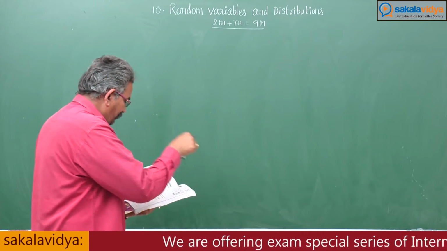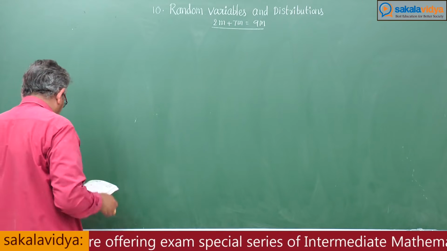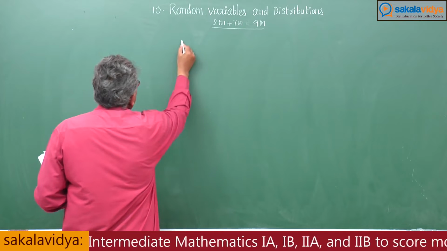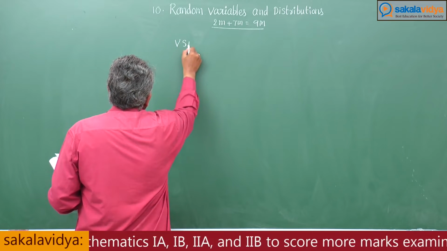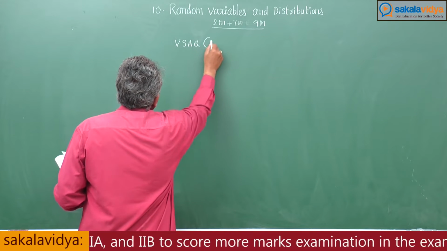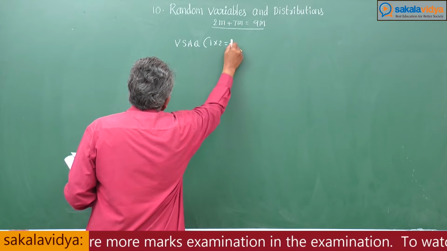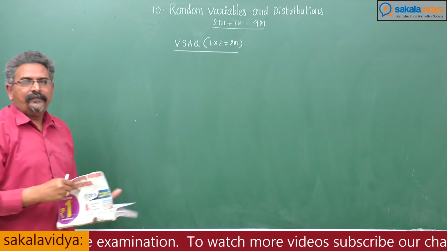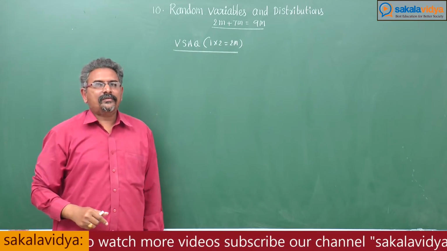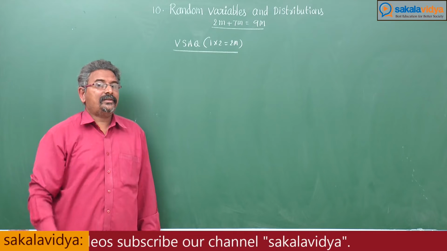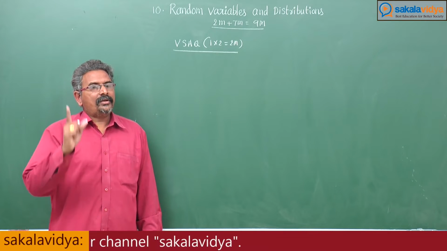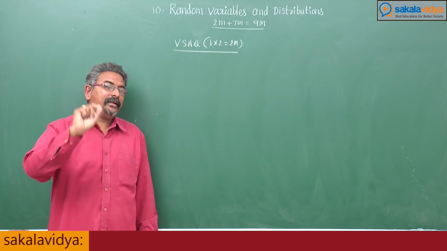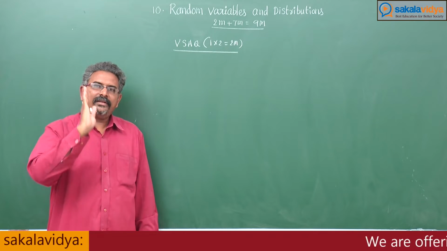So, first problem. That is very short answer type questions, VSAQ, that is 1 into 2, 2 marks. Definitely you have to attempt very short answer questions, because there is no choice in very short answer type. Whereas in short answer and long answer types you have plenty of choice, even in the board examination there is no choice for very short answer questions.